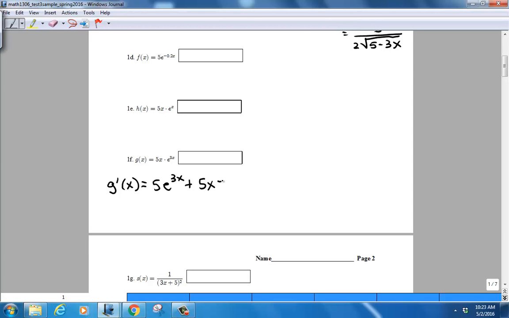Well, that's an exponential expression, right? So you know that when you find the rate of change of an exponential expression, you just repeat the power, right? So we're going to get e to the 3x again. But again, here's where you have to be careful because the chain rule is going to come into play. If this were just e to the x power, you would be done, okay? The rate of change of e to the x is e to the x.